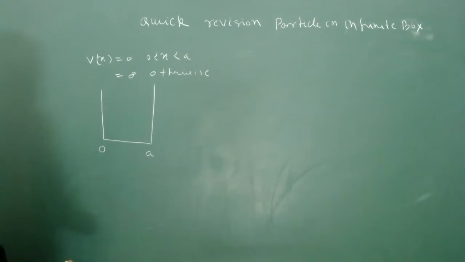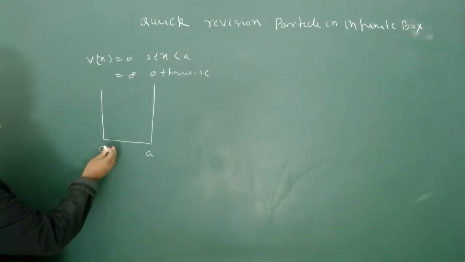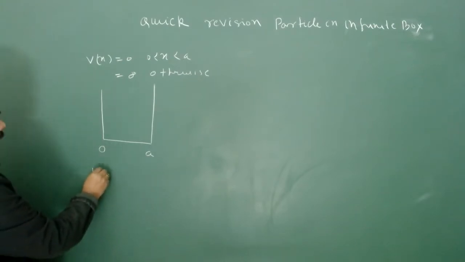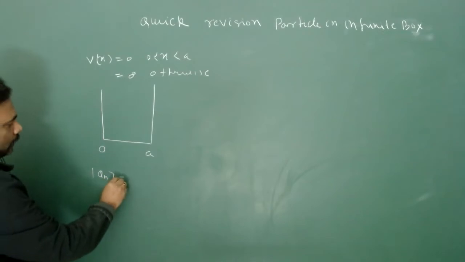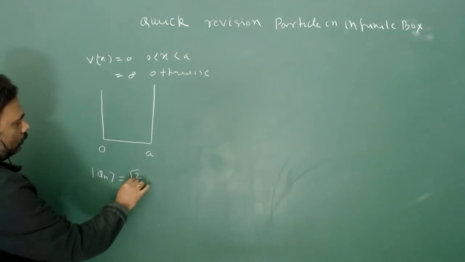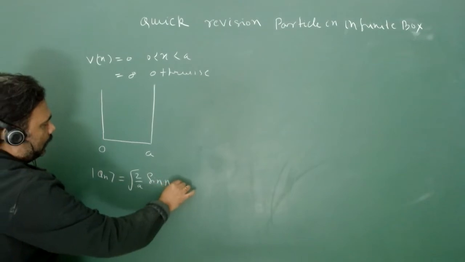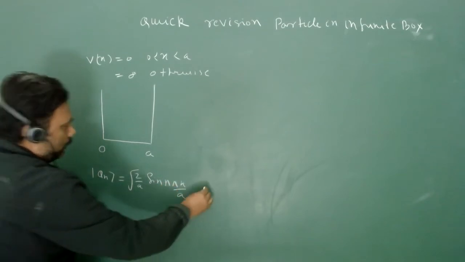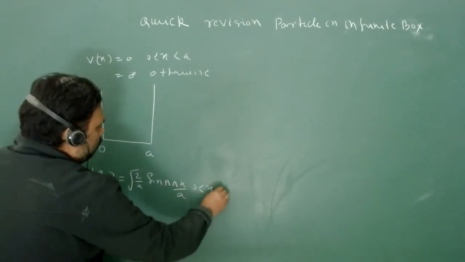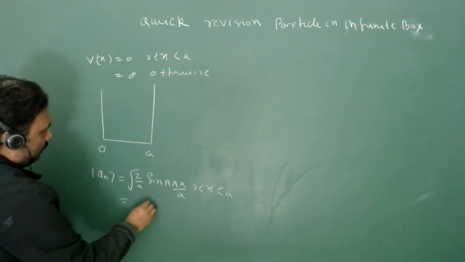You know the wave function, or the solution of the Schrodinger wave equation, is root 2 upon a sine n pi x upon a when x is between 0 to a, otherwise 0.